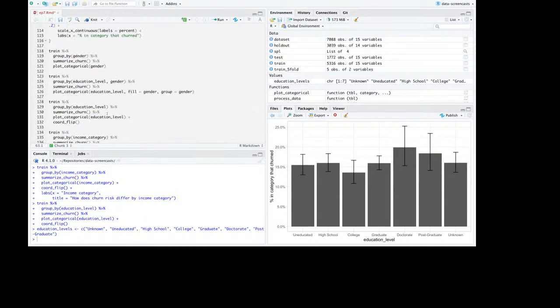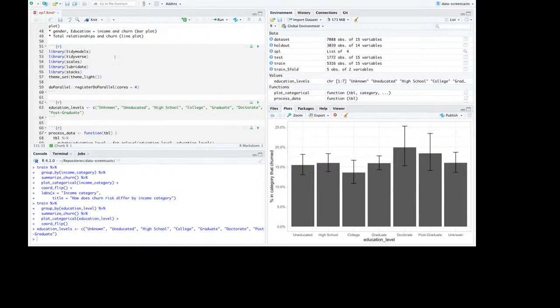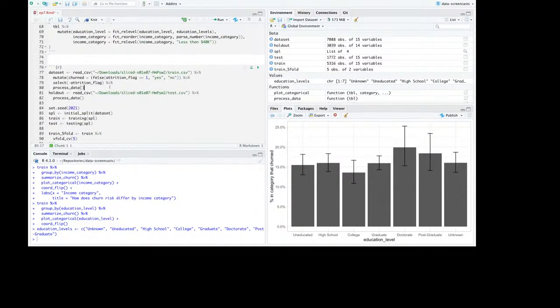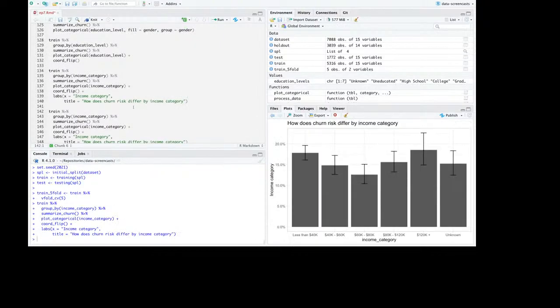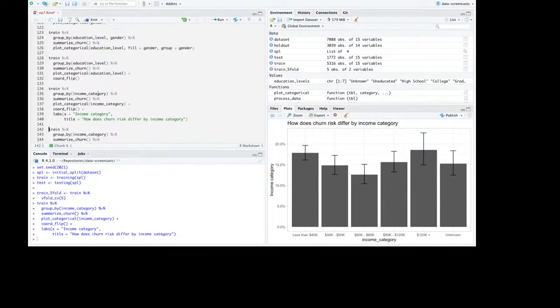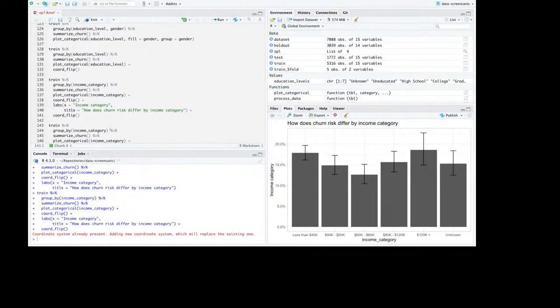So let's cohort flip this one too. So, I'm sorry, this income one too. How does churn risk differ by, let's see. So here's income category. Oh, where are my labels? Oh, right, the labels get flipped too. That's fun.